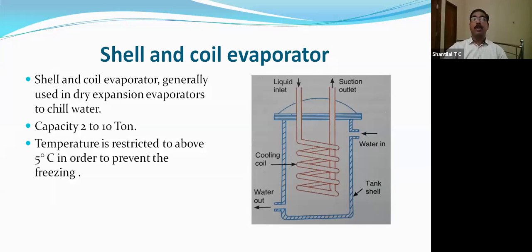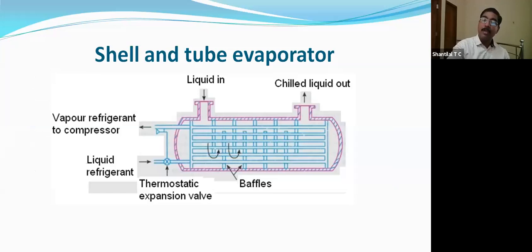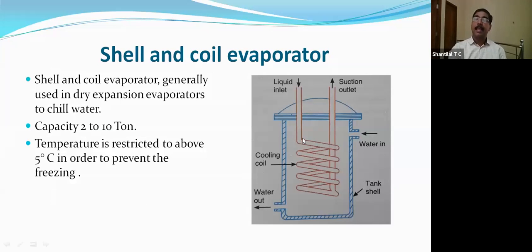Another model is the shell and coil type. Previously we explained the tube type; now instead of tubes, a coil. Both are almost similar. There the tubes are parallel, here the tube is a coil type. So first there is a shell, and it has a coil.